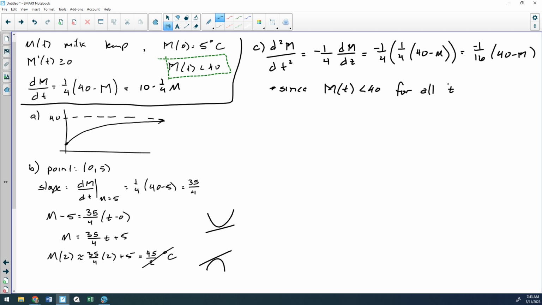So m of t is less than 40 for all t. I now know that my second derivative of m is going to be negative for all t, which makes m of t concave down.